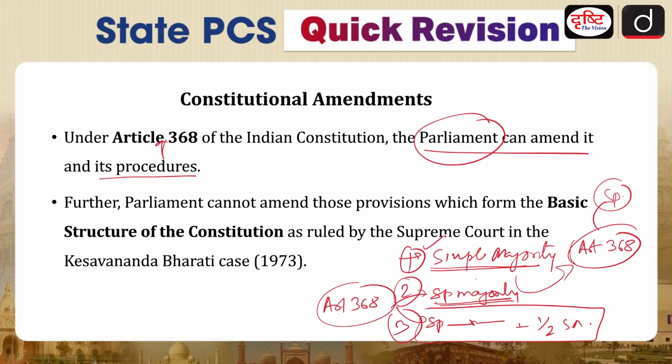Now coming to the second part: what you can change and what you can't. In the constitution, Parliament can change anything, but certain things which form the basic structure of the constitution cannot be changed.